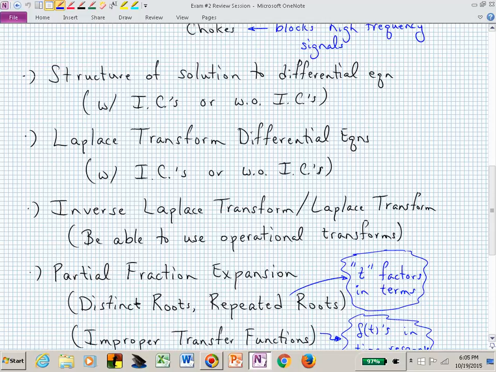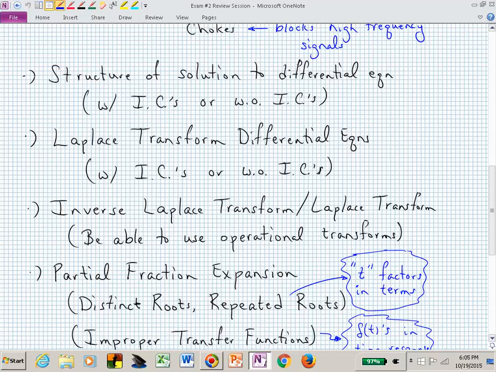They could be exponentially damped expressions. They could be impulses. They could be derivative of impulses. But those will just have arbitrary coefficients associated with them. That's what I mean by structure.